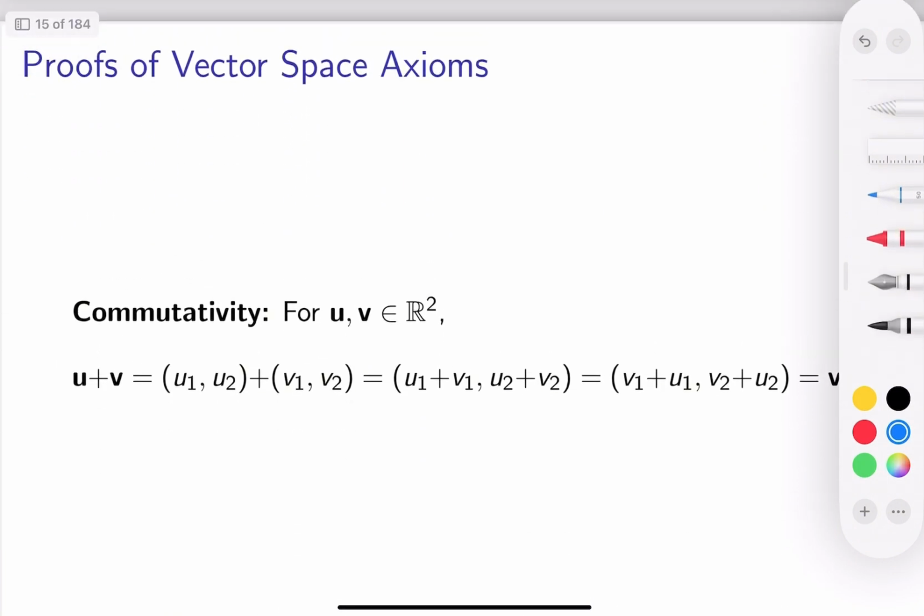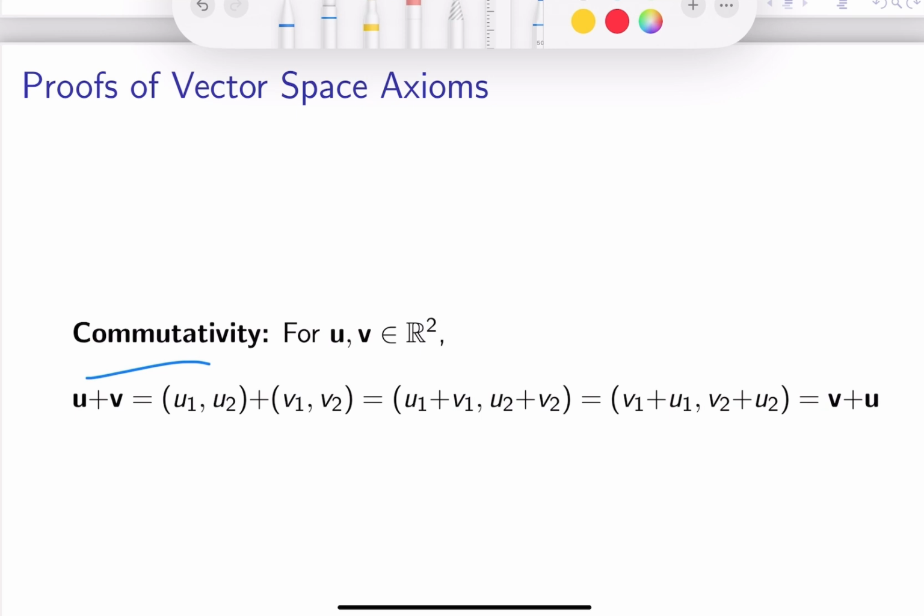For example, commutativity easily follows, because as I mentioned, there are two axioms that need care, but the others are kind of easy to prove. What we're gonna do is start with any vectors. I stress any. You don't test this for 1, 2 and 3, 4. No, this is not a proof, this is an example. When you want to prove, you start with any vectors in R2, and they take this form.